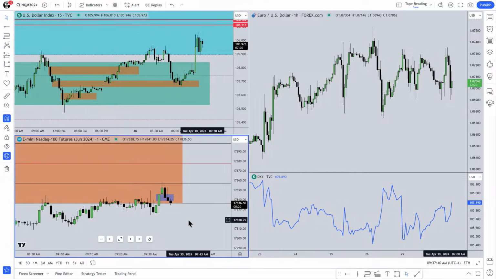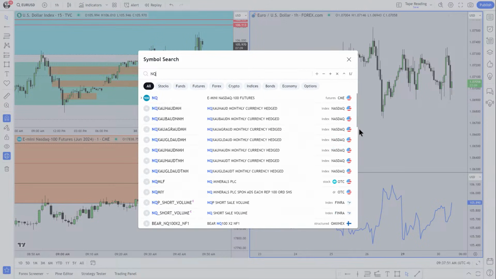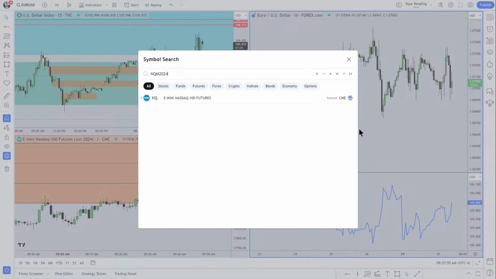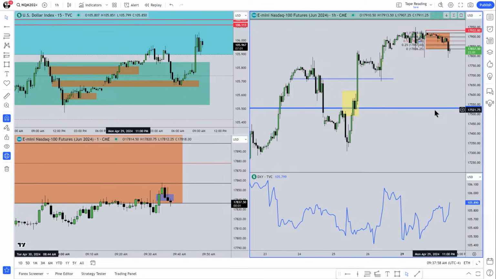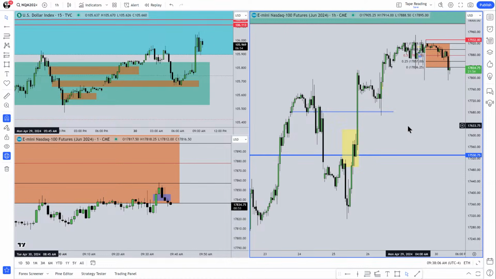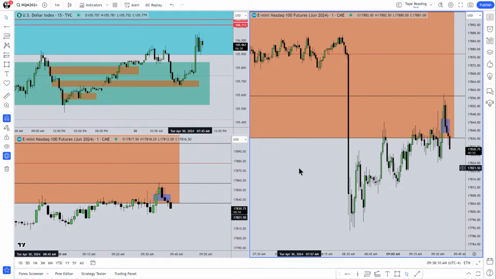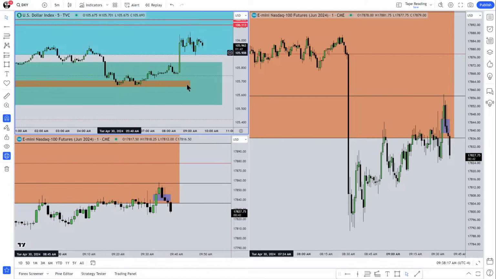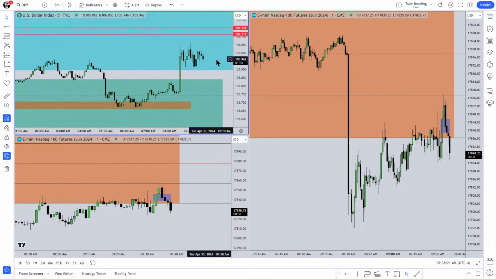So I'm going to minimize this. We're going to come back to that in a second. I'm going to peek at the dollar index. Notice the reaction in the lower quadrant on that opening range gap.